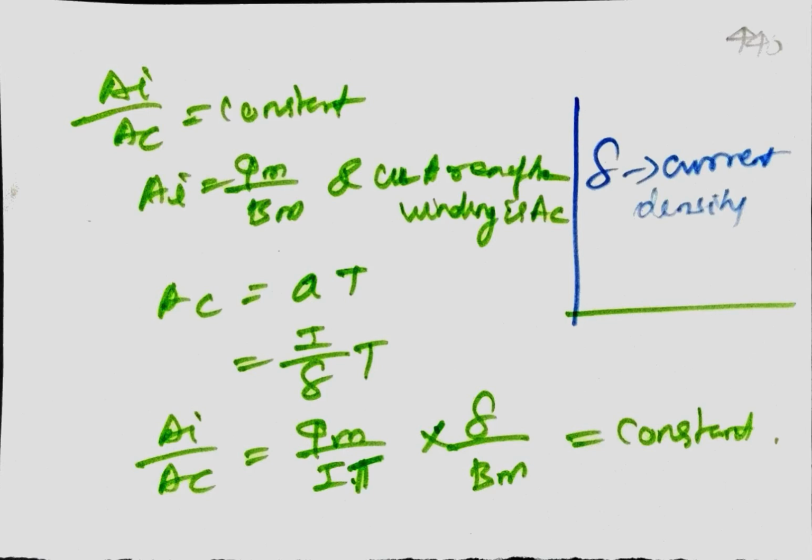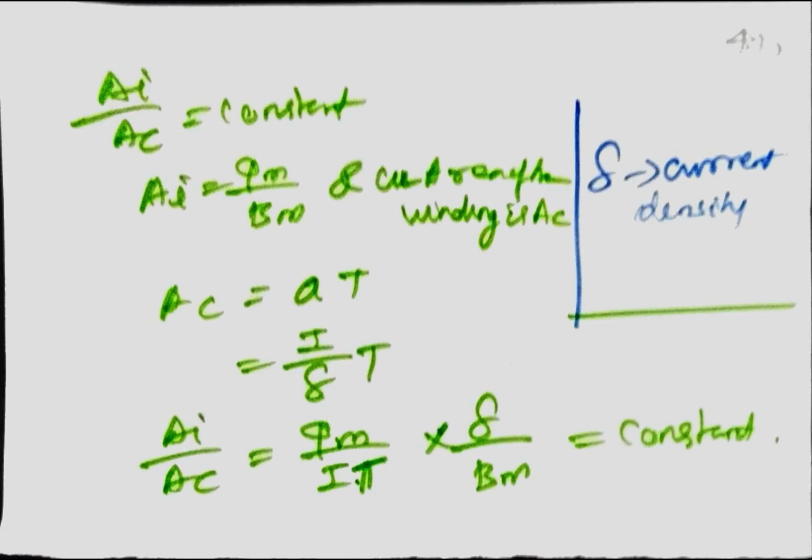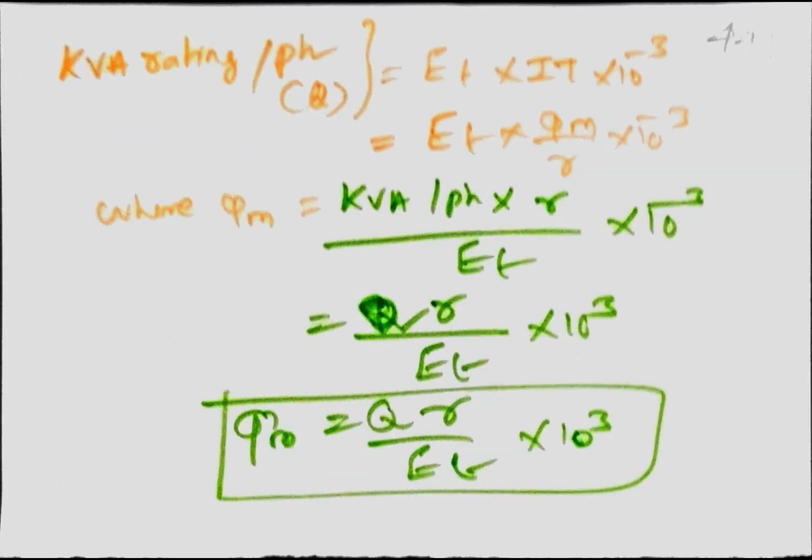Ac is area of copper. Ai is net cross-sectional area of core in meters square. kVA rating per phase is equal to Et into IT into 10 power minus 3.